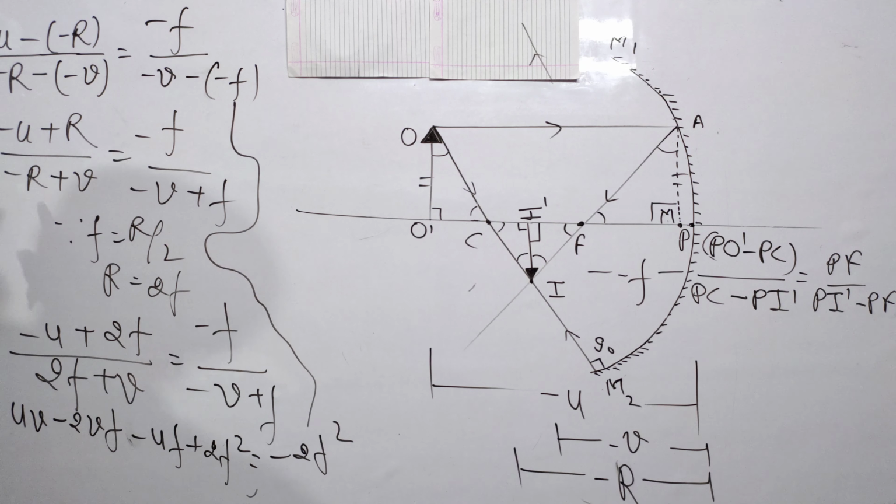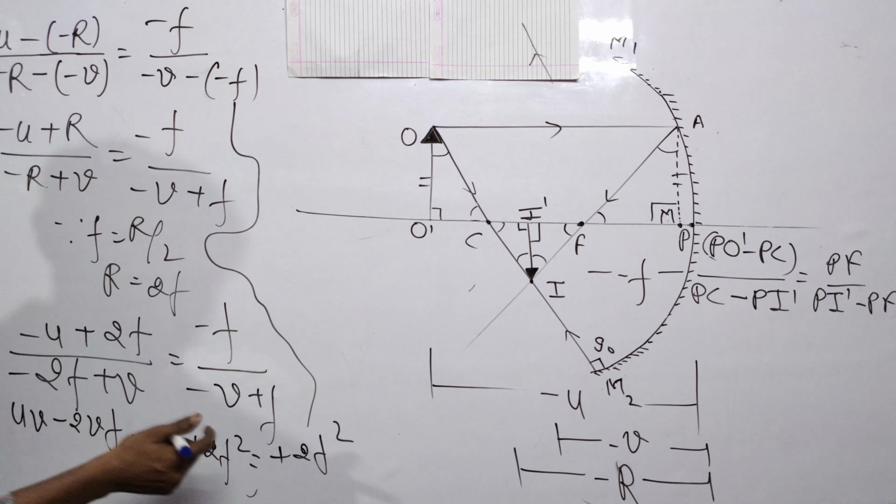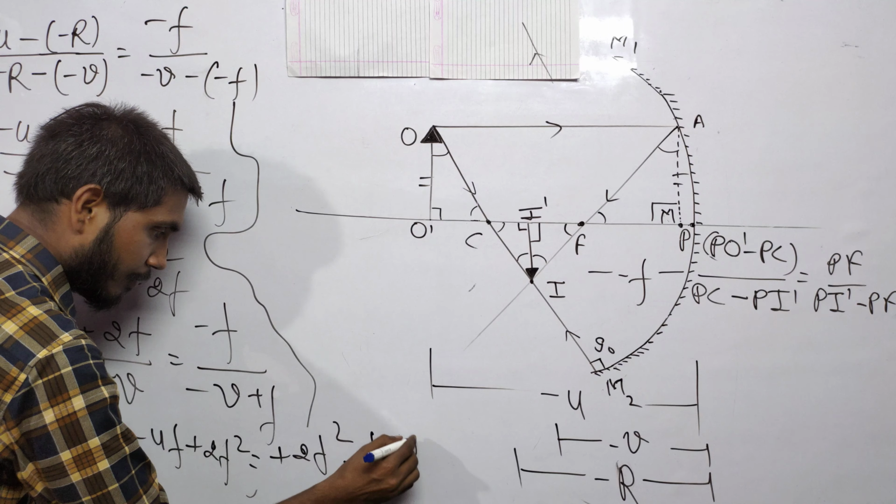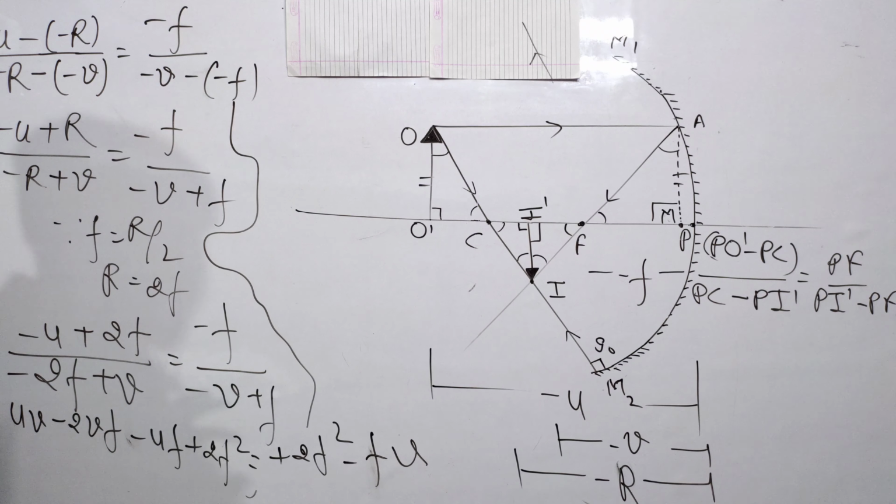I'm so sorry because here the sign is minus. Beta, this is minus R. R is equal to 2F. So always minus here. So this is plus 2F square and minus FV. I'm sorry. Minus FV.